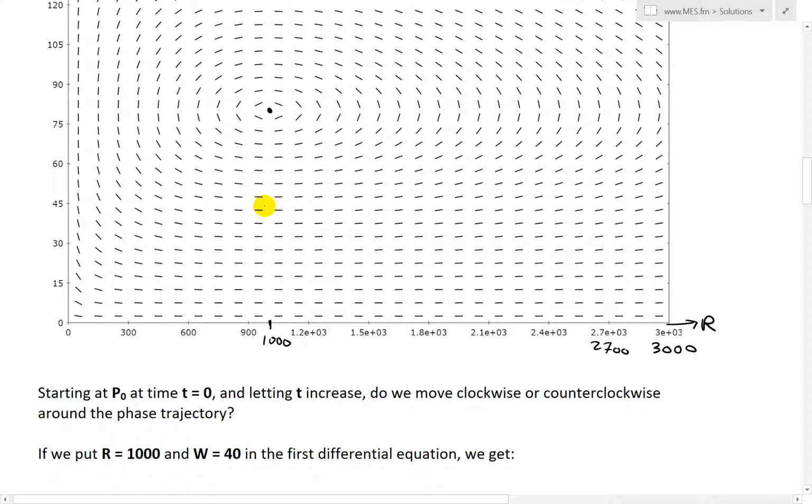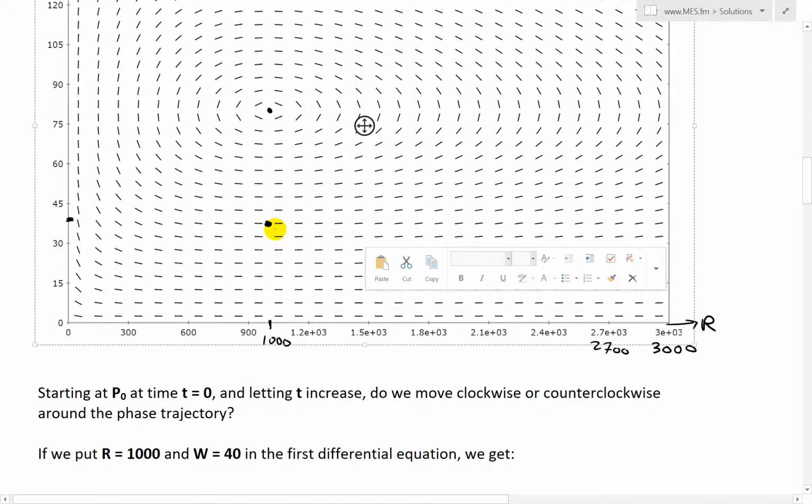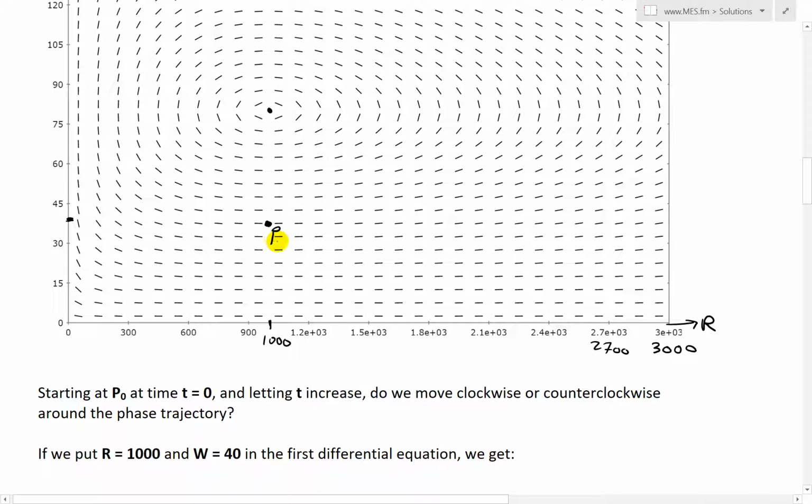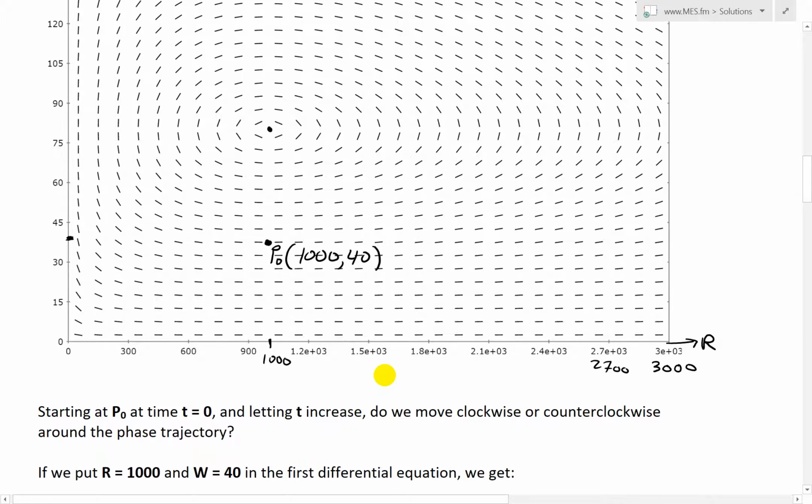So we go up all the way to 40. 40 is somewhere here, between 35 and 45, which would be 2/3 of the way, somewhere around there. So moving across and up to here, this is roughly the point. This could be our P0, at 1,000 and 40, like that.